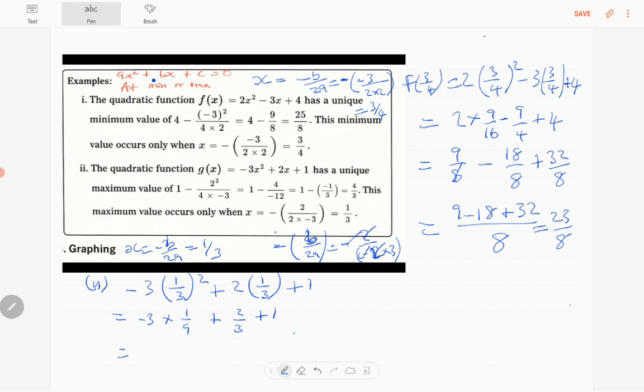This equals minus 1 over 3 plus 2 over 3 plus 1. Minus 1 over 3 plus 2 over 3 gives you 1 over 3, plus 1, which gives you 4 over 3. So that one was a little math error there.